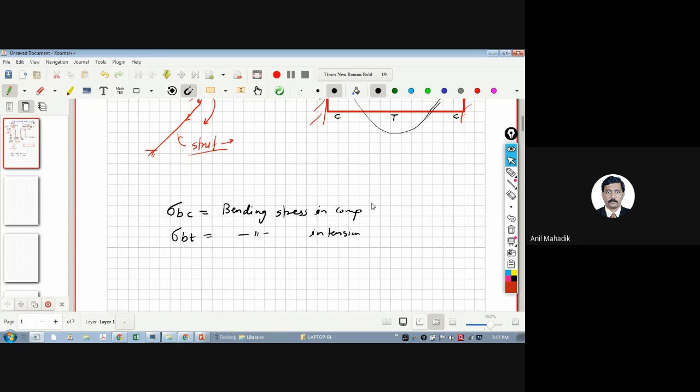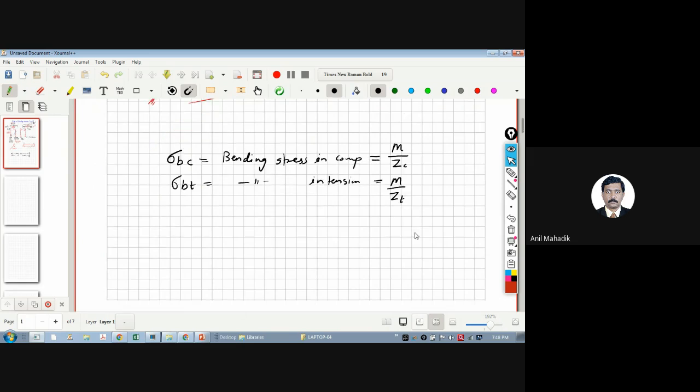Whenever we calculate these stresses, see how to calculate bending stress. You know, the bending moment divided by Z. M upon ZC means Z value on the compression side, and M upon ZT, which is on the tension side.